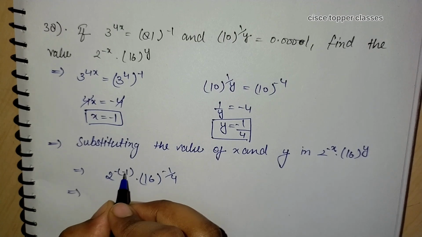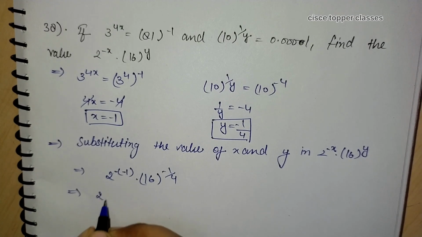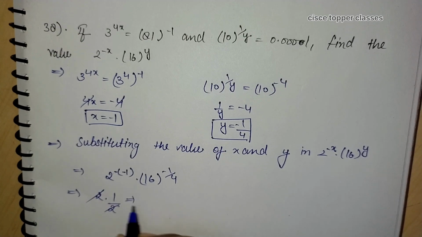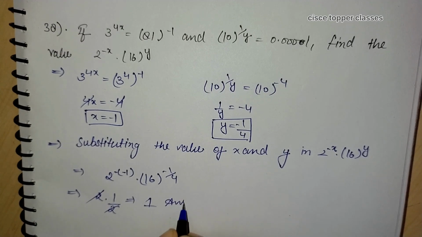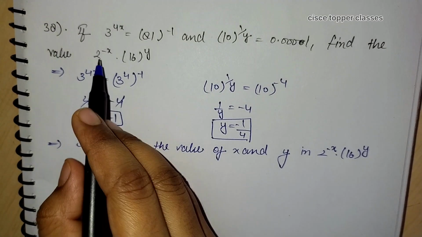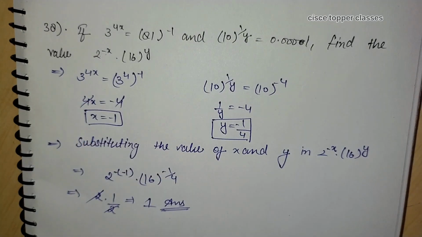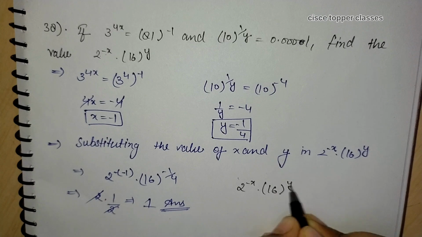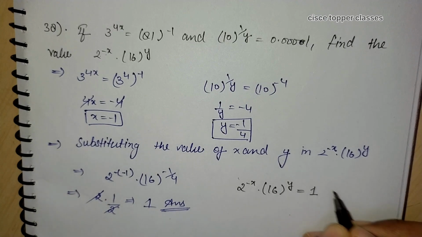Simply we can write this becomes plus, so it will be 2 only, and from here it will be 1 by 2. This will be cancelled out and 1 will be the final answer in this part, which we have to find. Means 2 minus x into 16 की power y will be answer as 1.